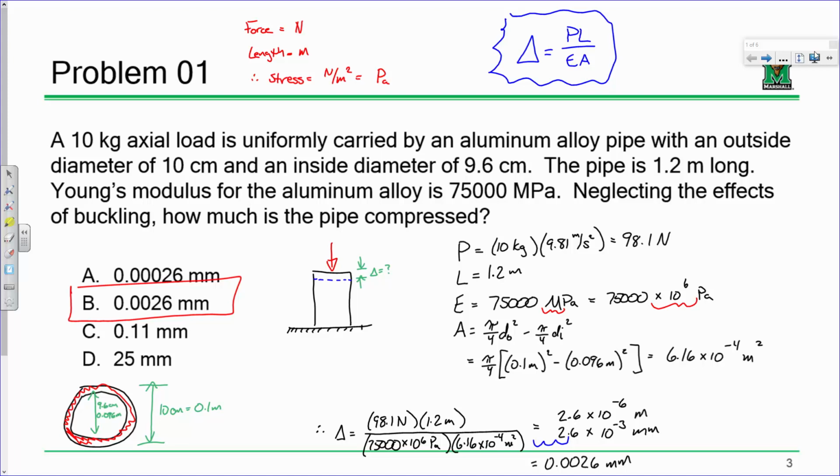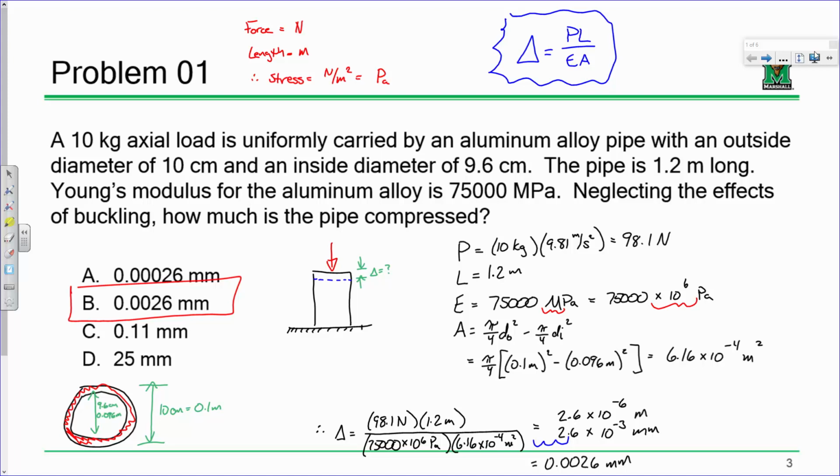So P over A equals E times that. What is this right here? Now what is that? That's the change in length over the original length. So from that equation, you can determine stress, strain, everything in between.